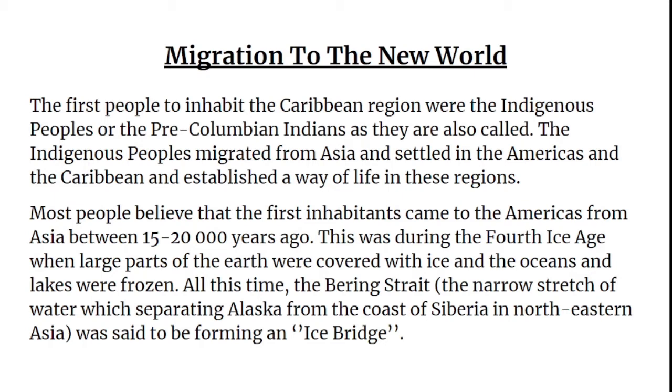So during the fourth ice age, right, the Bering Strait, which was a stretch of water, was frozen and covered with ice. The Bering Strait became a place where animals could just walk across, and so they followed them because they needed the food and they needed the clothing, right?